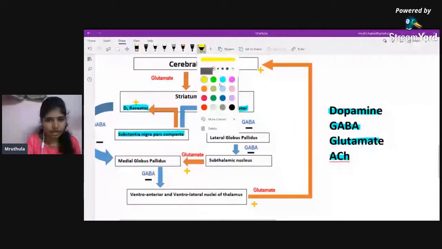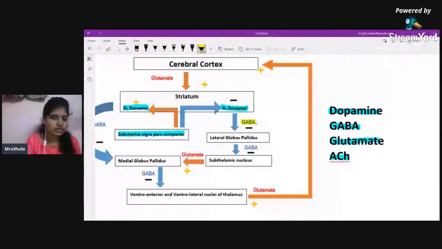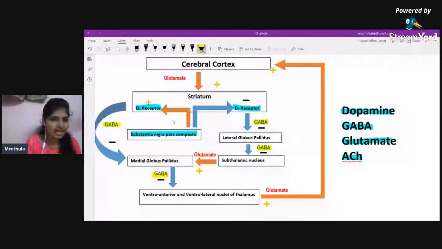Here is GABA, then we can see GABA here. Can you make your brain function and tell me which part is actually releasing GABA? Just give a guess. Name the component in the basal ganglia by seeing this picture.